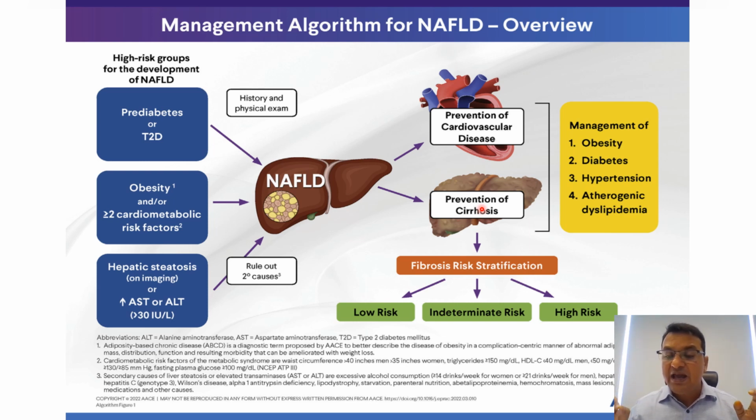So what the AACE guideline tells me is that in those patients you risk categorize the patient based on fibrosis grading. That means do the FIB-4 scoring and categorize your high risk population into one of three categories of liver event risk: low risk, high risk, or indeterminate risk.